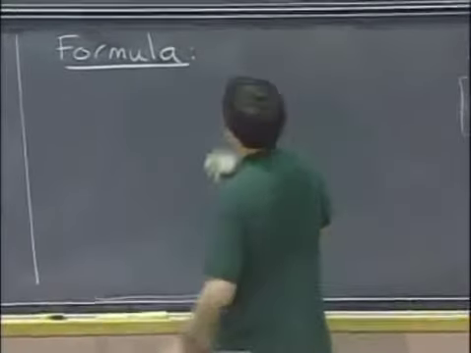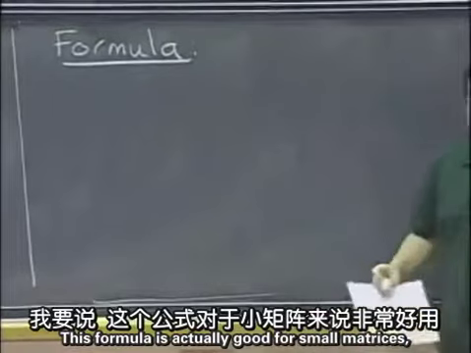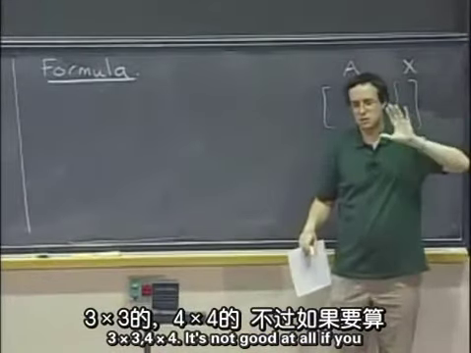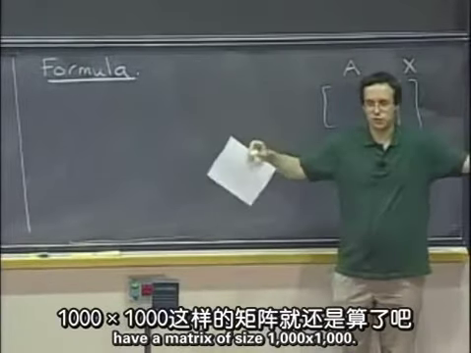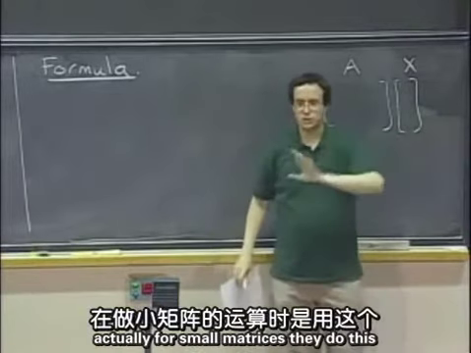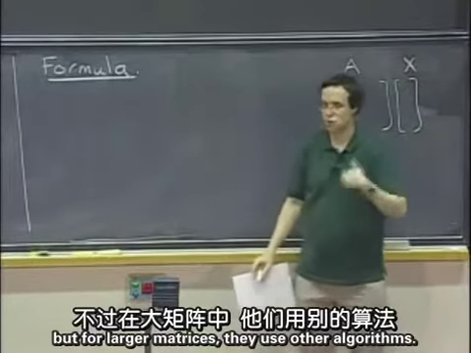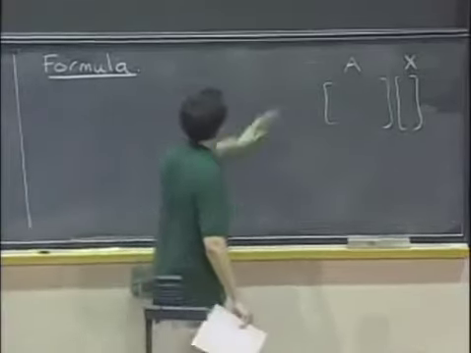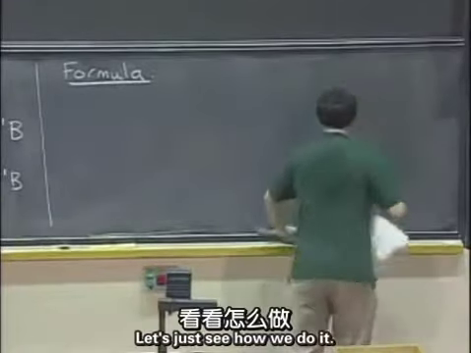So I should say this formula is actually good for small matrices, 3 by 3, 4 by 4. It's not good at all if you have a matrix of size 1,000 by 1,000. So in computer software, for small matrices, they do this. For larger matrices, they use other algorithms. But let's just see how we do it.